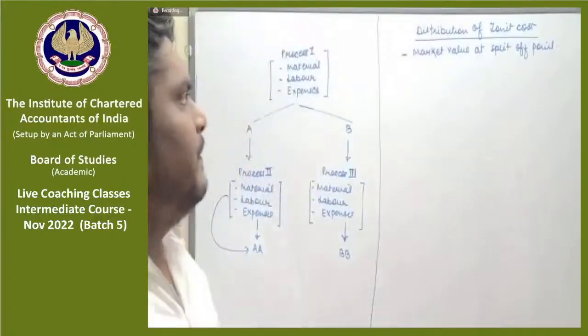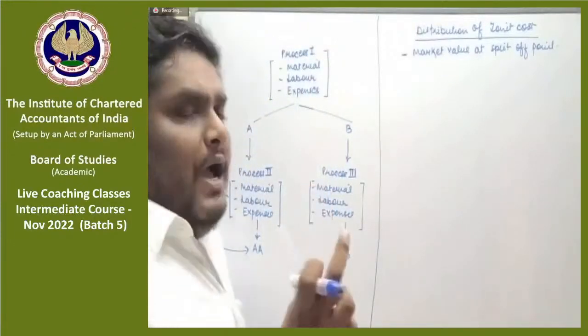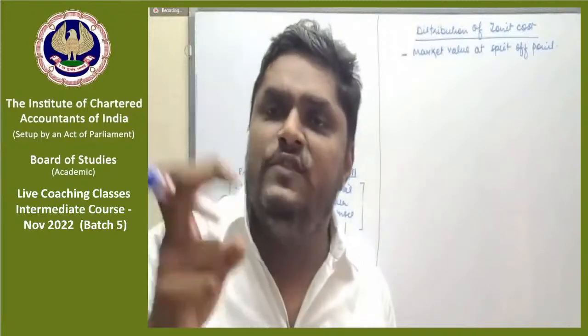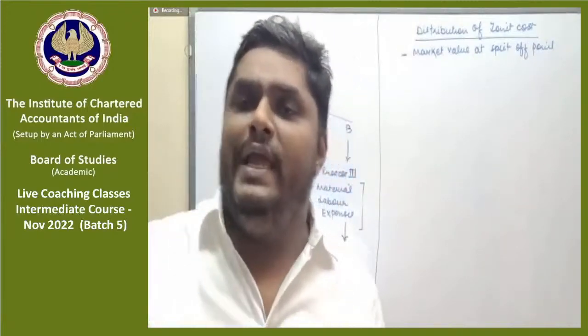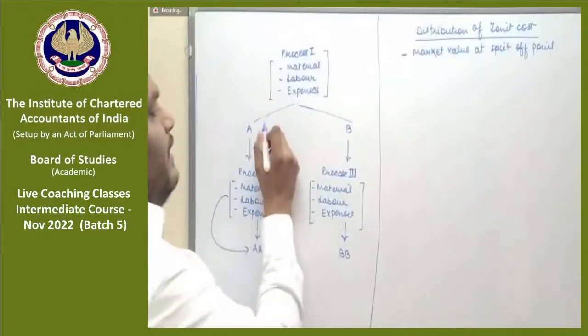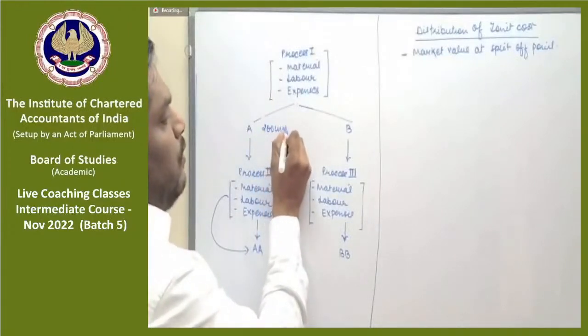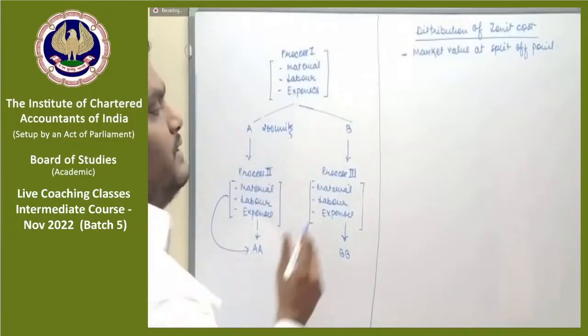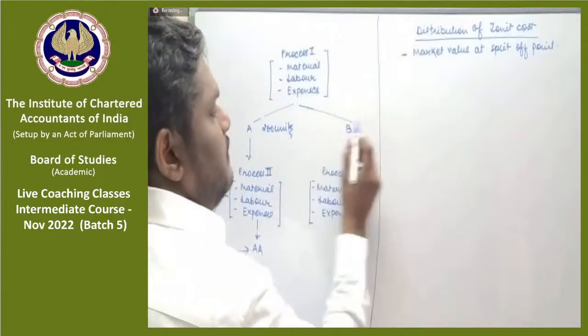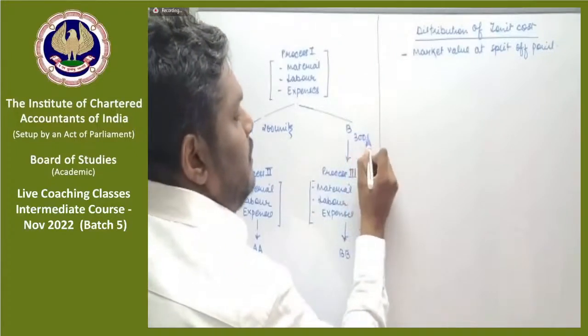Let's say after process first, two products emerge out, A and B. Let's say A is 200 units and let's say B is 300 units.